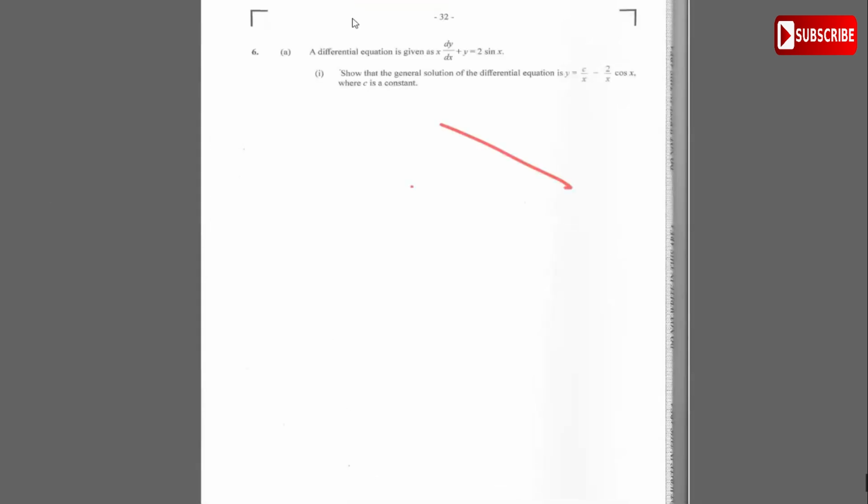Why is it not zooming? Having some difficulty here. Let's try that one more time. Okay, all right, finally. Now we may proceed.